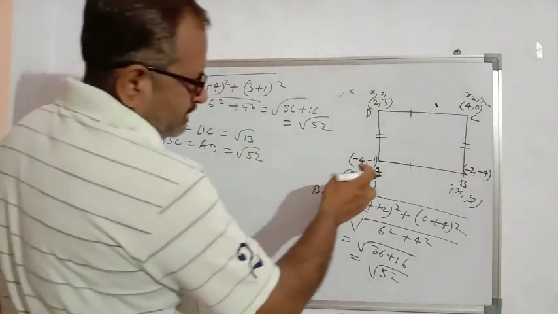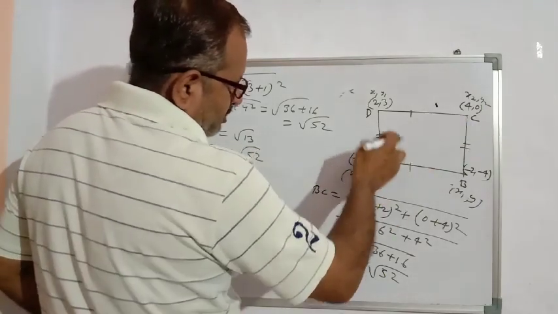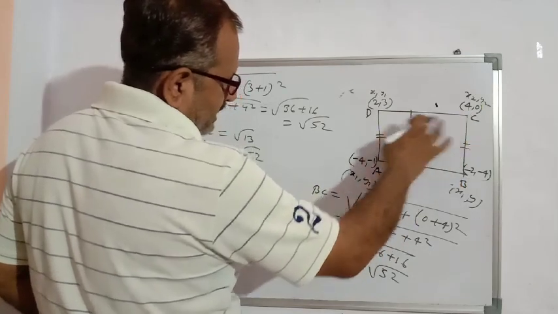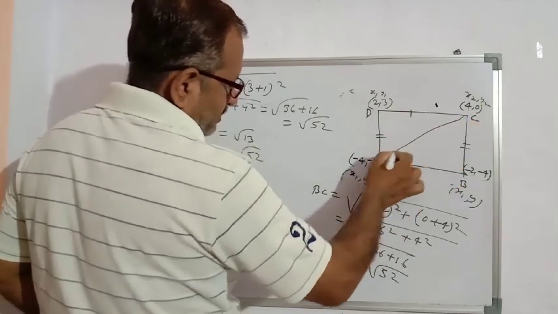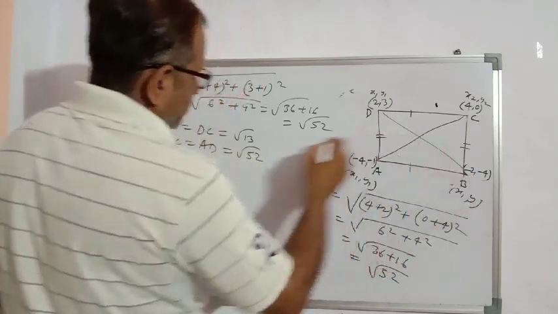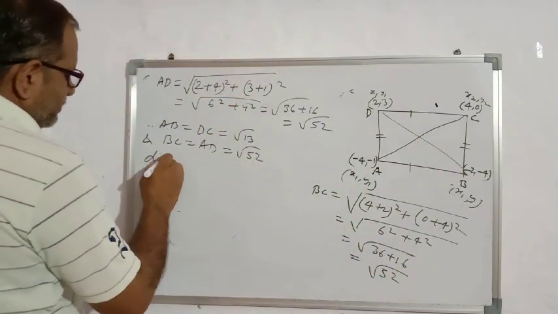Now we will prove that the lengths of the diagonals are also equal. So find diagonals AC and BD. So diagonal AC.